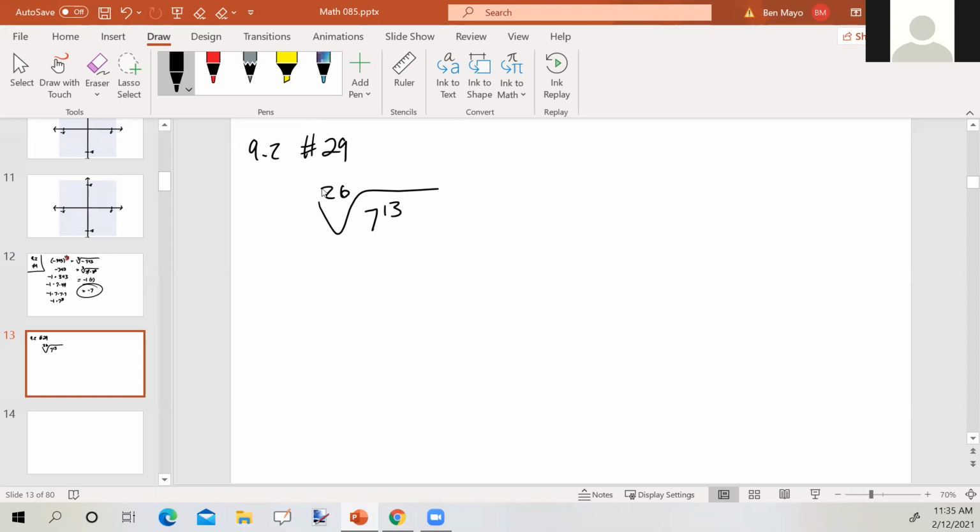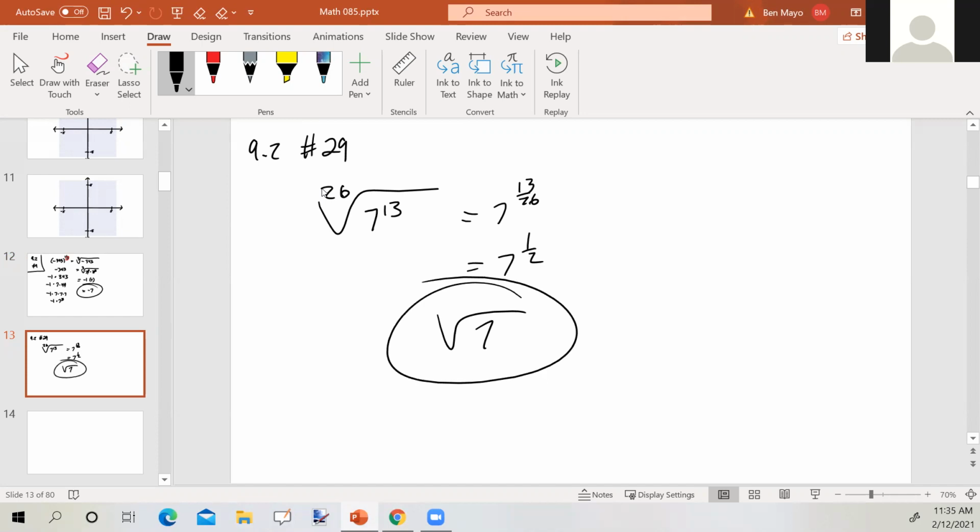Okay. Now, if we wrote this in exponential form, we would have 7 to the 13/26th power, which is 7 to the 1/2 power, which is the square root of 7. Now, again, I'm looking at the answer that the student put in there, and they had 7 to the 13th power, and then that raised to the 1/26th power.